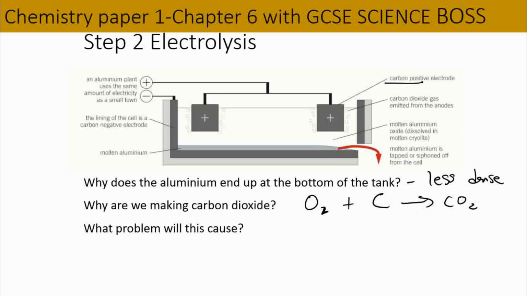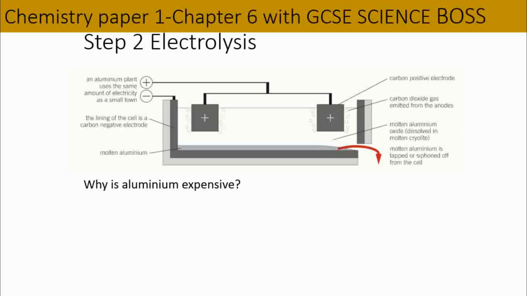Okay, and what problem will that cause? It means that we constantly have to replace the graphite electrode. So aluminium is expensive because a lot of energy is required to carry out this process, and also you have to constantly replace the electrode.